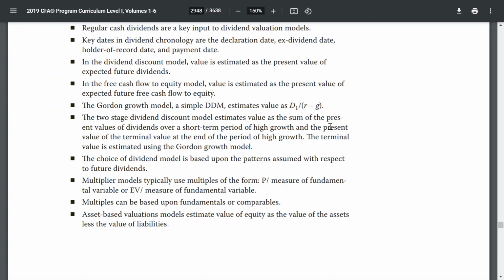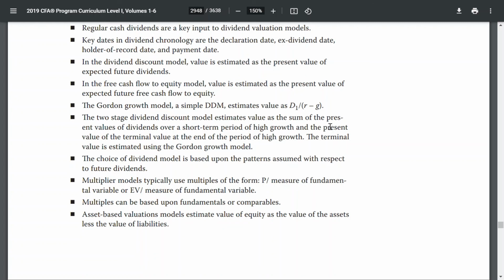The two-stage dividend discount model estimates value as the sum of the present value of dividends over the short-term period of high growth and the present value of the terminal value at the end of the period of high growth. The terminal value is estimated using the Gordon growth model. The choice of dividend model is based upon the patterns assumed with respect to future dividends.